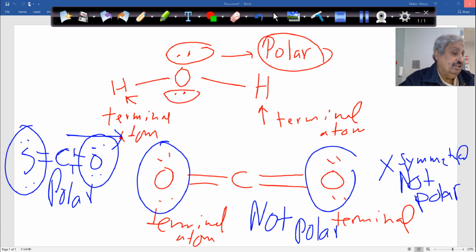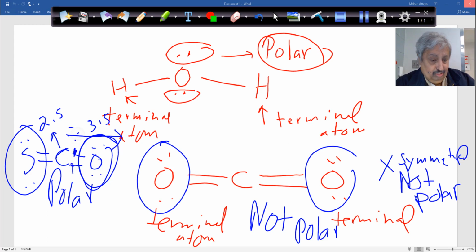Remember the lecture from a long time ago in survey of chemistry 1, that's electronegativity. The difference in electronegativity gives you the direction of the dipole. Oxygen is 3.5 and this is, I think, 2.5. Oxygen is more, so the valence electrons of carbon will be pulled this way.